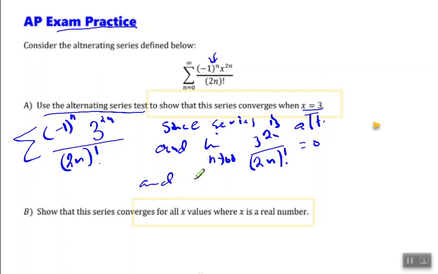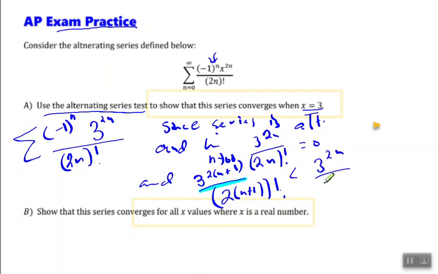And you would just say that 3 to the 2n plus 1 over (2n plus 1) factorial is less than 3 to the 2n over 2n factorial. The series converges.